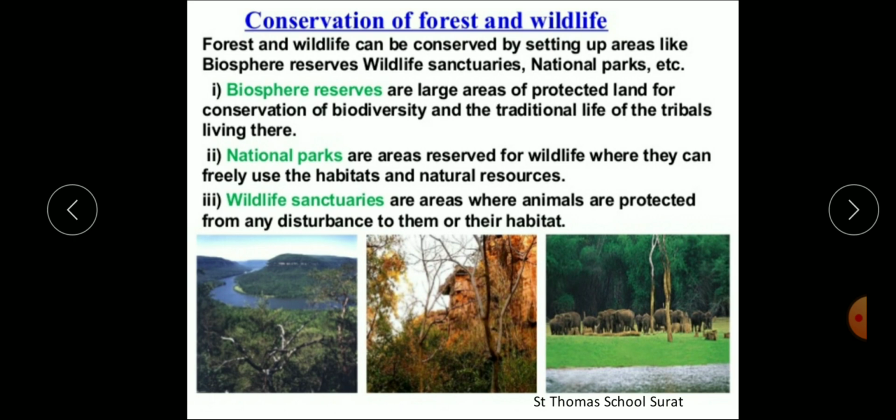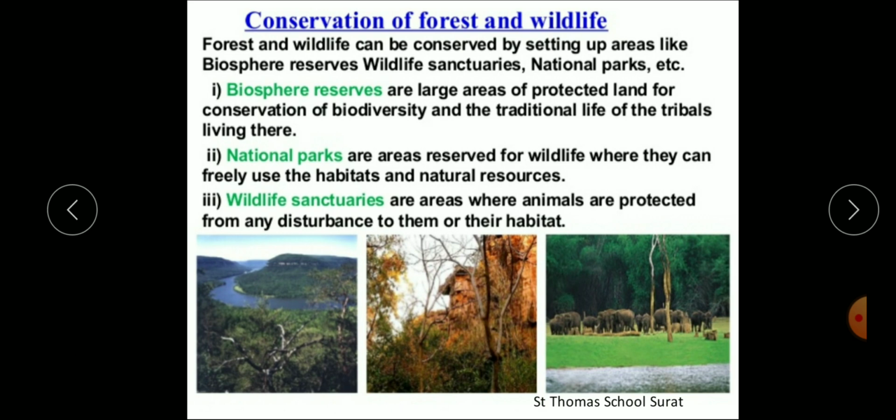Now biosphere, we have learned that biosphere is meant for the conservation of what? Conservation of biodiversity, and it is a large area of protected land which conserves wildlife, plants and the traditional life of the tribals living there.